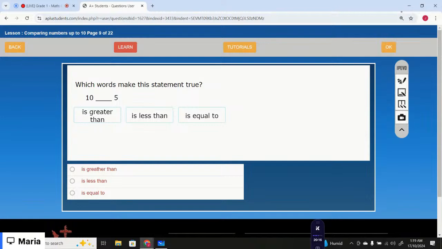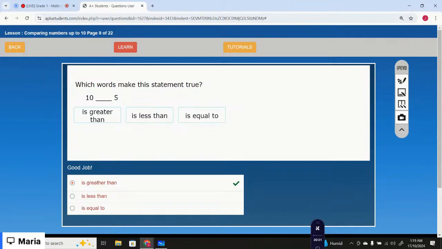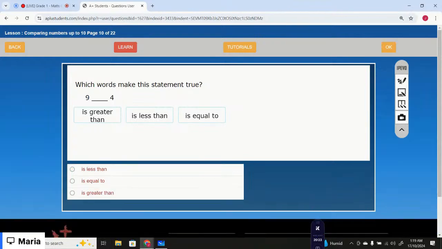Very good. 10 is greater than 5 because when counting, 10 comes after 5. So 10 is greater than 5.